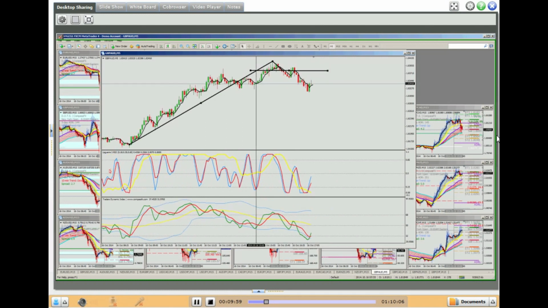Which you could have, but I wouldn't have, because right here, you see how this was at one time real tight. When it's real tight, the TDI is very tight and tangled. I usually wait till after it comes out before I enter off the second leg of a trade, okay?